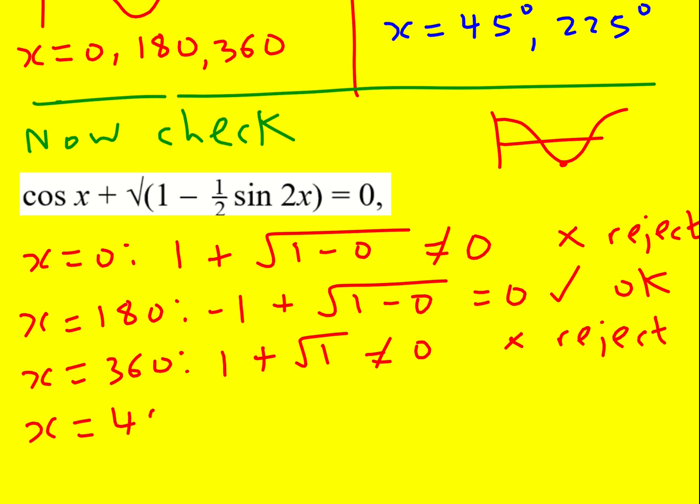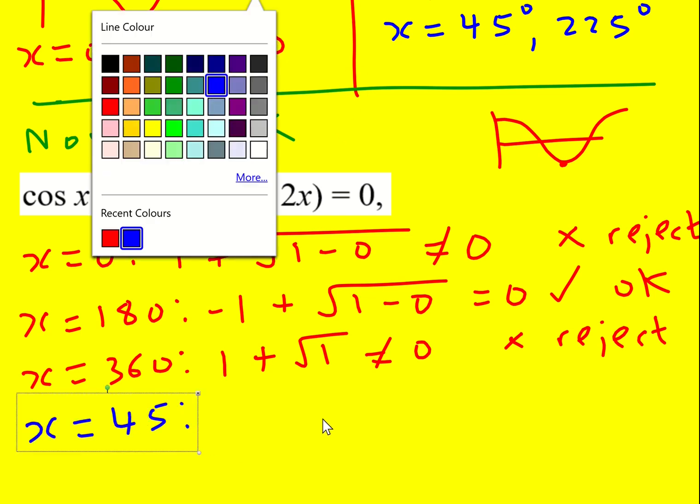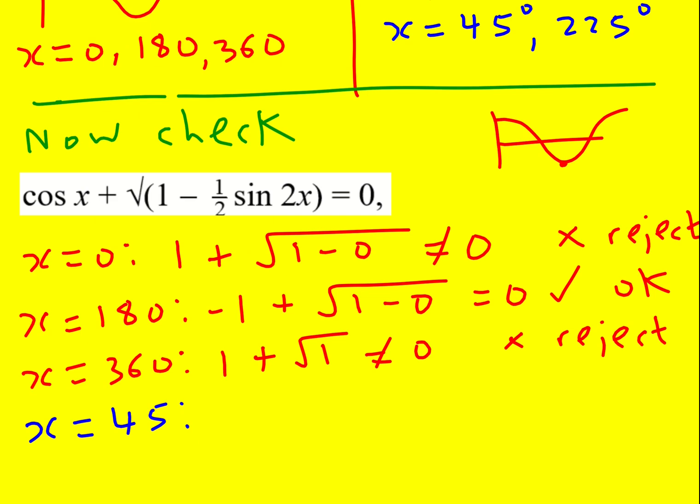x equals 45 now. Cos of 45 is 1 over root 2. Just another one to know. Plus the square root of 1 minus a half of sine 90.